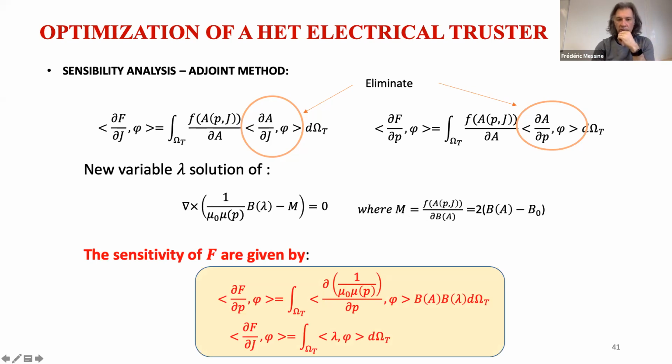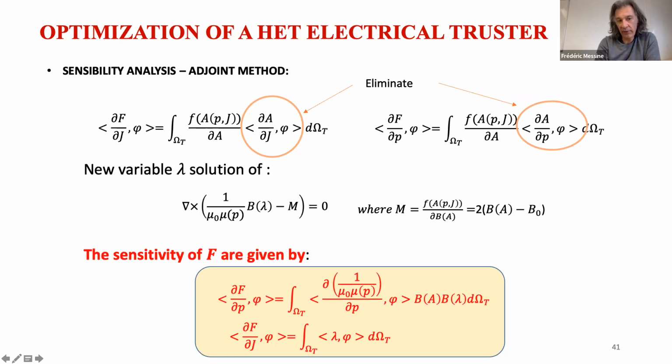If it's non-linear, you will introduce some different things like this, and it's much more complicated. Okay, but you have to derive this, and at the end, you can see the derivative is just BA, that of course, the direct problem, you solve the direct problem times the solving of the adjoint problem.